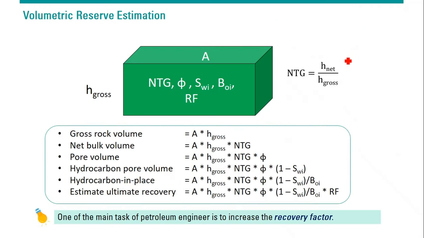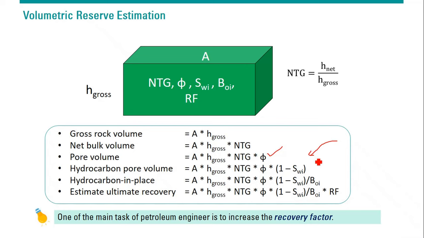Yeah, and then all of the data you consider, you know the gross rock volume, area multiplied by thickness, and then net bulk volume, area thickness multiplied by net to gross, pore volume, area gross thickness, net to gross multiplied by porosity.